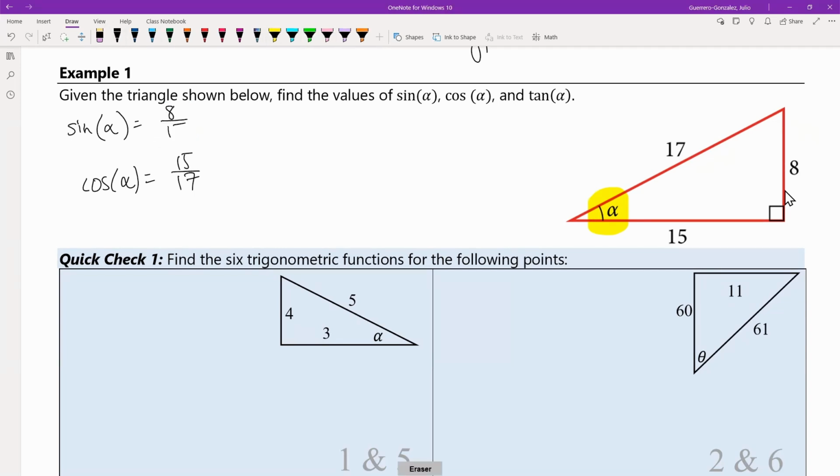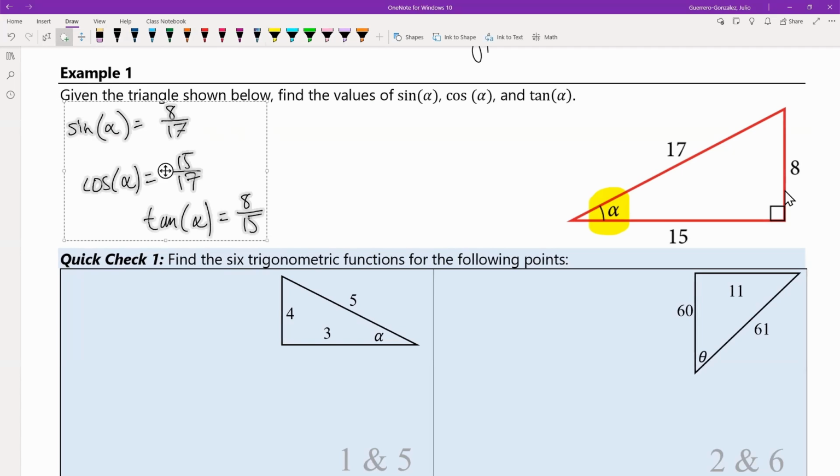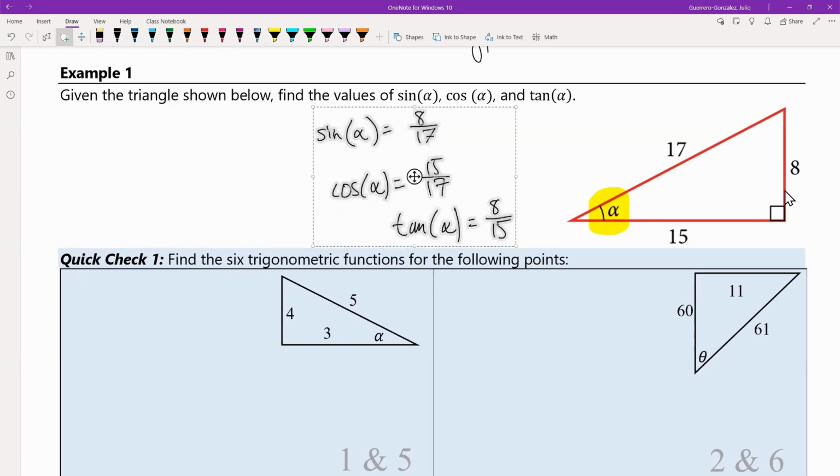And then tangent of my angle alpha is opposite 8 over the adjacent 15, so 8 over 15. That's it. We are all done.